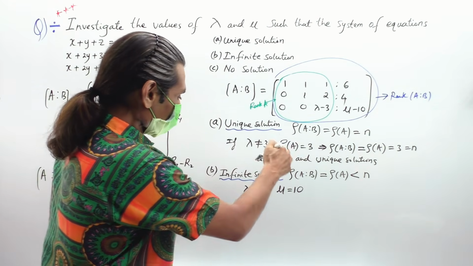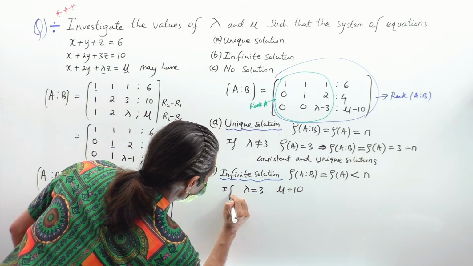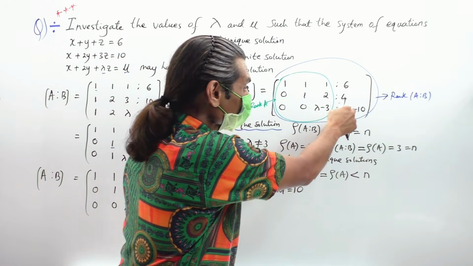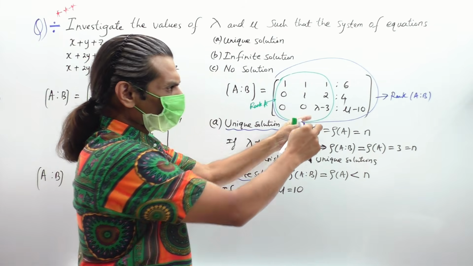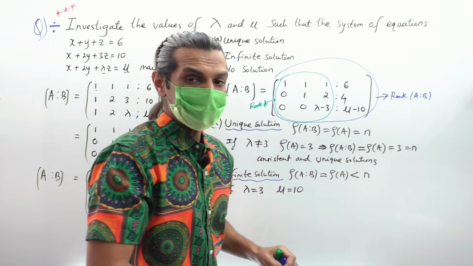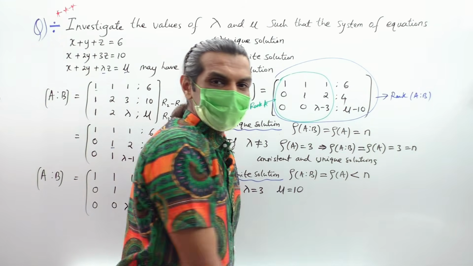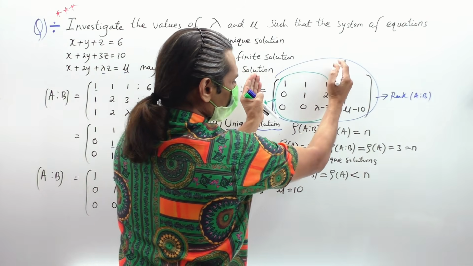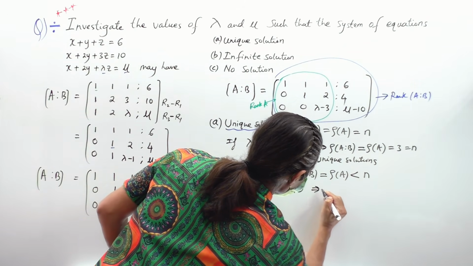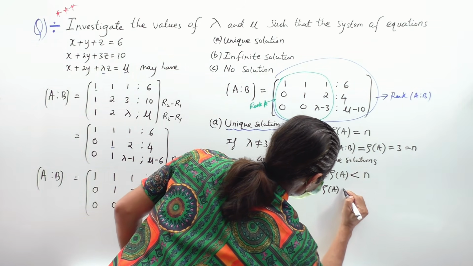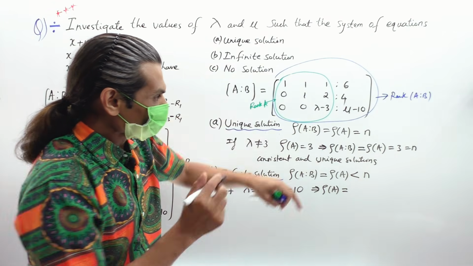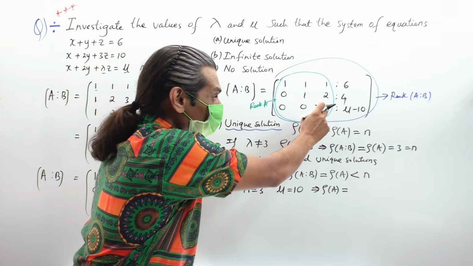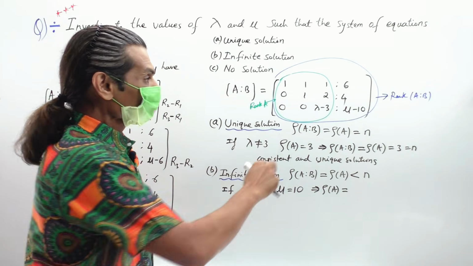See what happens. If lambda is equal to 3 and mu is equal to 10, observe here, lambda 3 minus 3 is 0, 10 minus 10 is 0, the whole row becomes 0. So the rank of A, this green part, will be how much? Lambda is equal to 3, 3 minus 3 is 0, so 2.